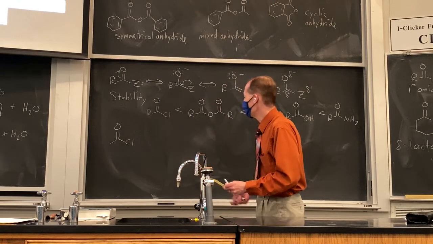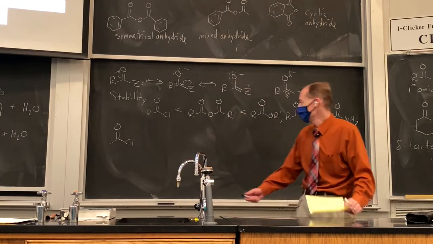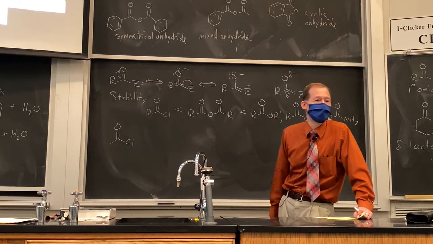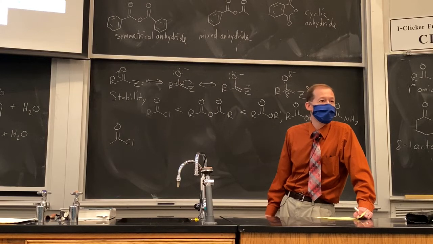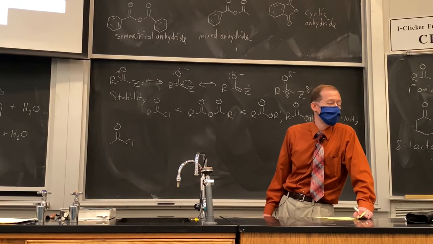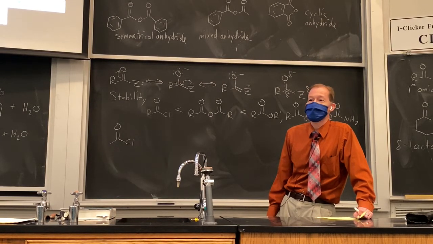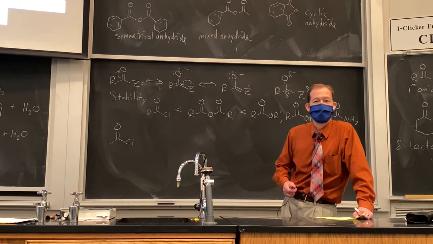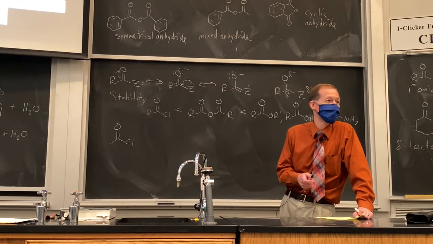Okay, so we'll just go through a couple examples. What's the parent carboxylic acid of this acid chloride? Okay, it's not a trick question. One of our most common carboxylic acids.